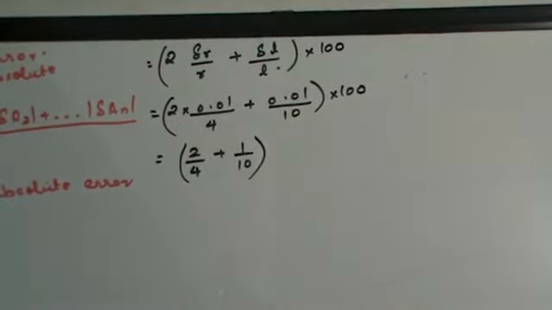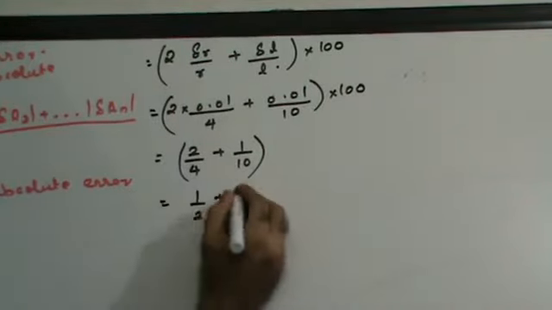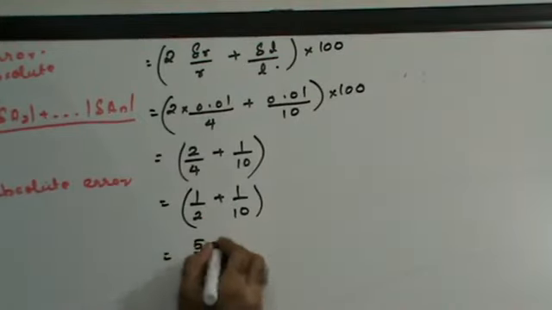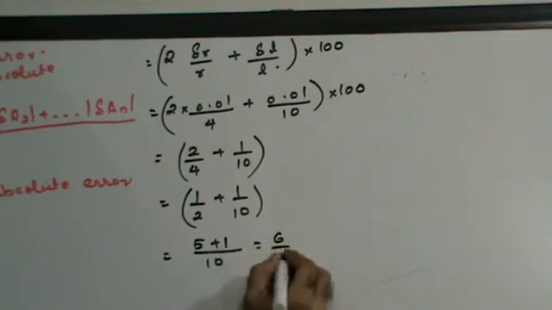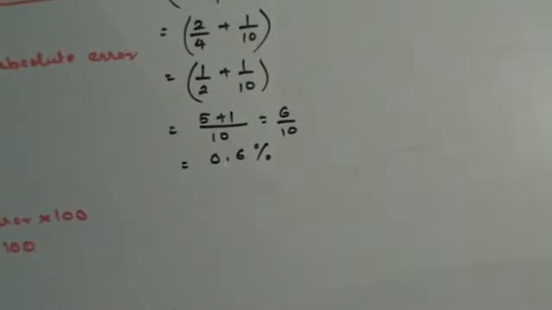So this is 2 upon 4 plus 1 upon 10, which is nothing but 1 upon 2 plus 1 upon 10. 10 is the common denominator, 5 plus 1, 6 upon 10, so that is 0.6%. So the answer is going to be 0.6%. So there is going to be a 0.6% error in the measurement of volume. Fine?